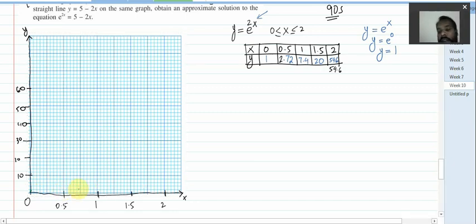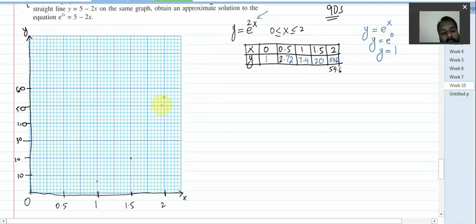When it's 1, it's 7.4, so 2, 4, 6, 8, 7.4. And when it's 1.5, it's 20. Trust me, it's very difficult to plot the curve here. And when it's 2, it's 54.6, so 50, 2, 4 and this one.